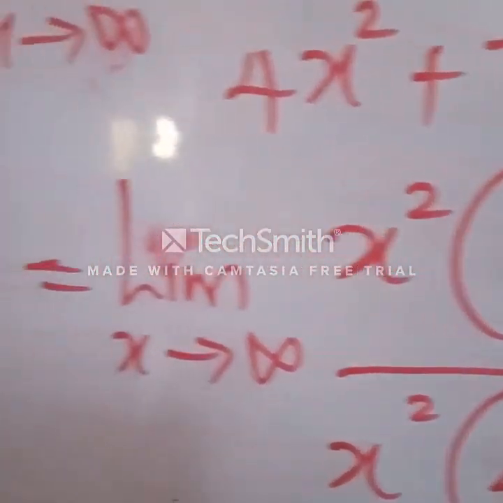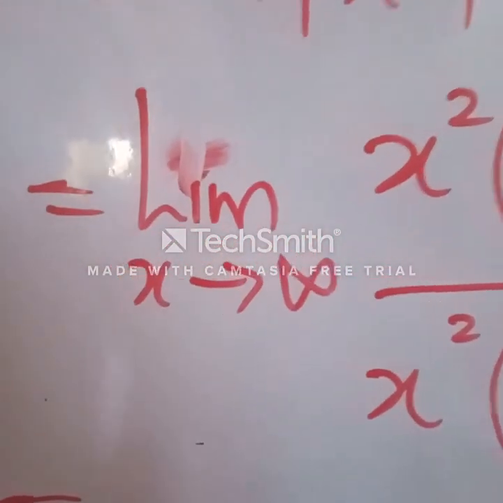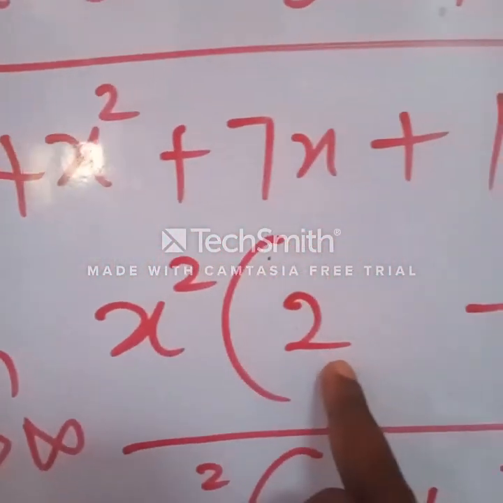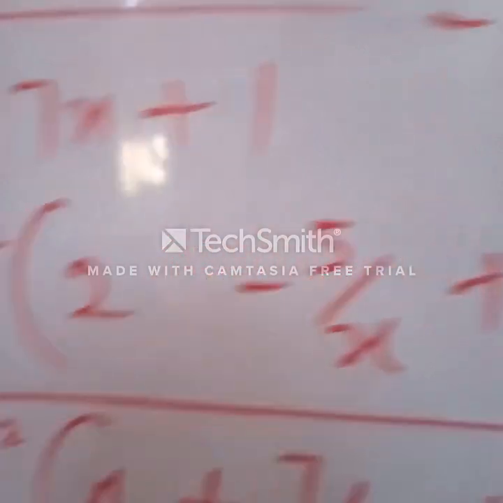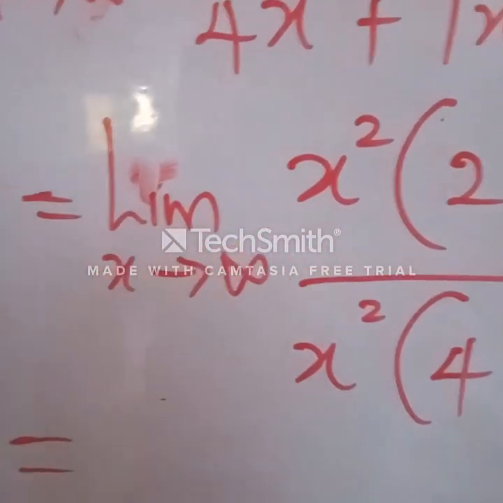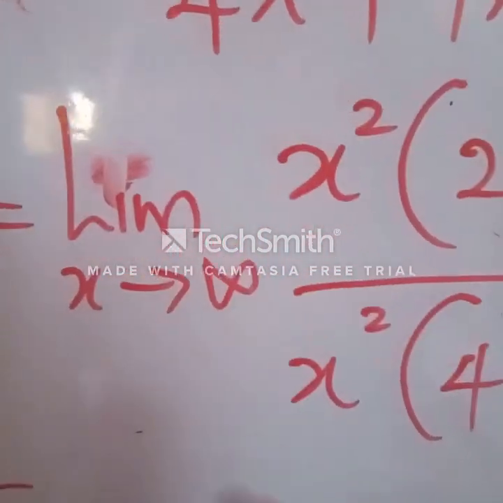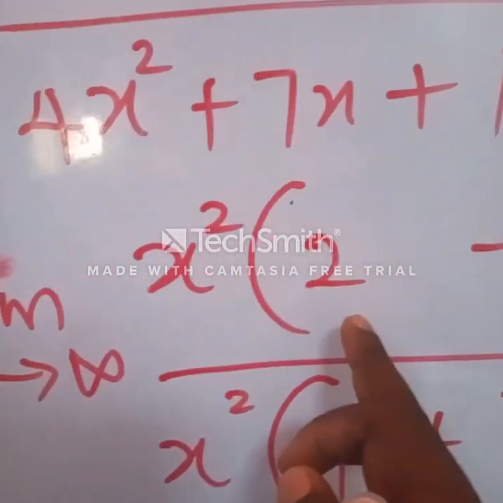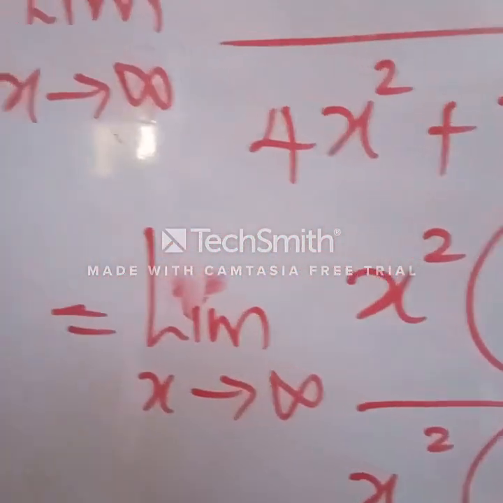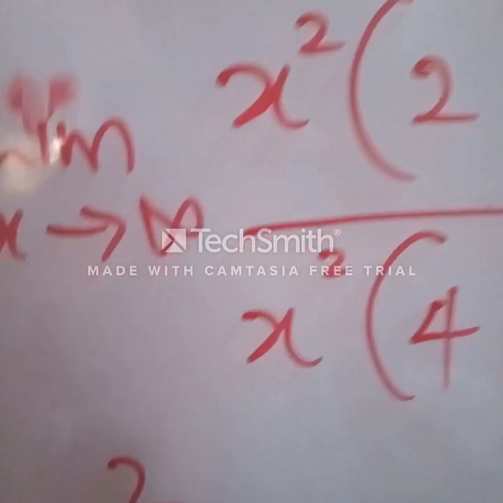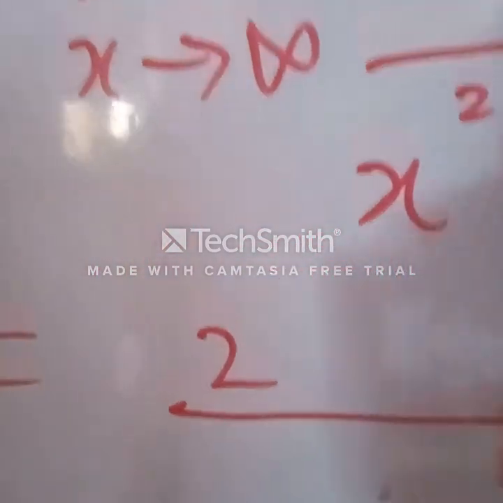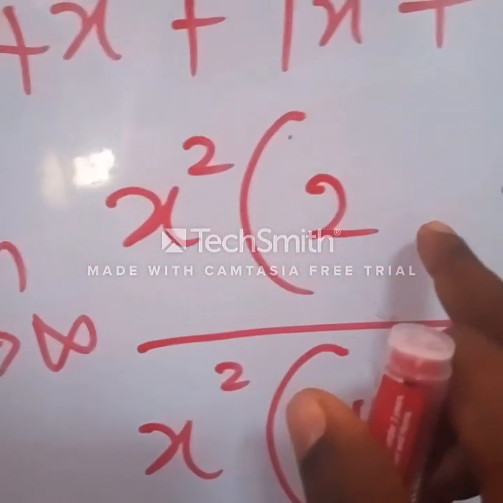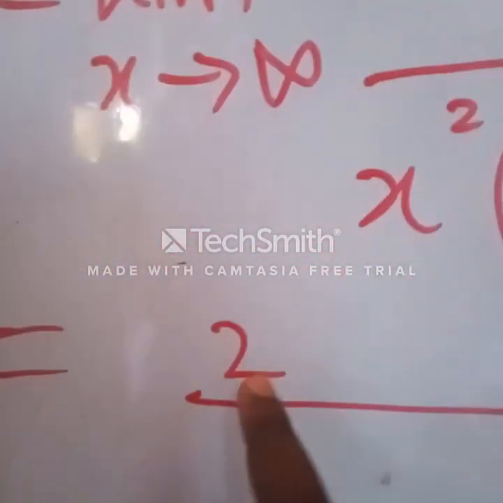We are then able to apply this limit to each term in this function. Going by the properties of limit, this becomes the limit of a constant, which will be a constant. The limit applied to 2 becomes 2.